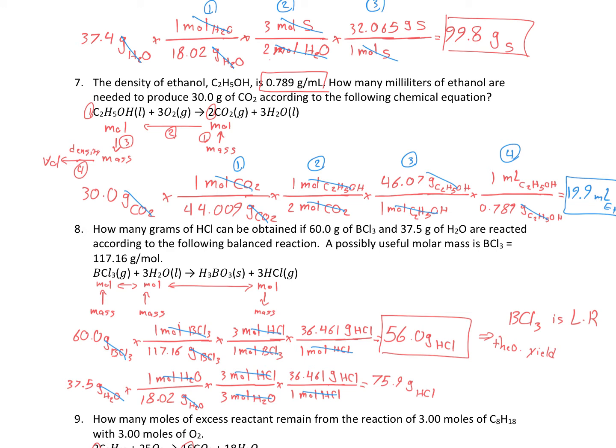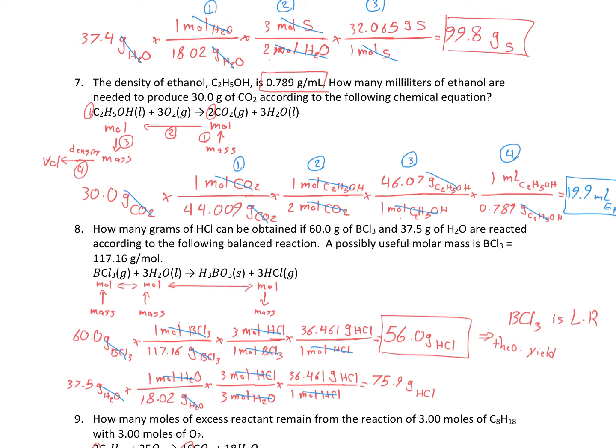Starting with the given information, 30 grams of carbon dioxide, using the molar mass of carbon dioxide, going from grams to moles of CO2, then use stoichiometry, the coefficients in the balanced chemical equation: 2 moles of CO2 is 1 mole of ethanol. Then use the molar mass of ethanol: 1 mole of ethanol is 46.07 grams of ethanol, not methanol. And the density tells us that 0.789 grams is 1 milliliter.